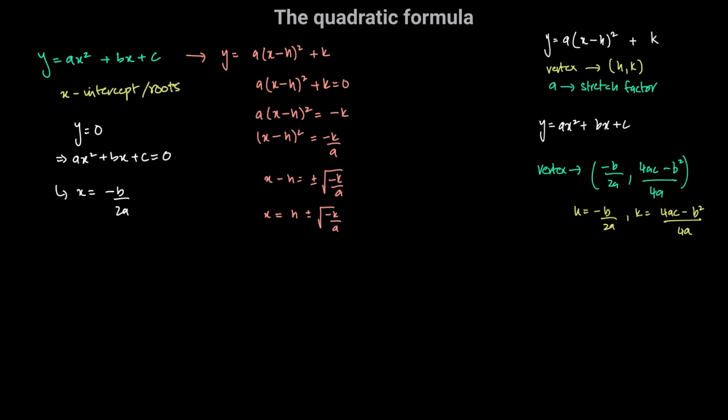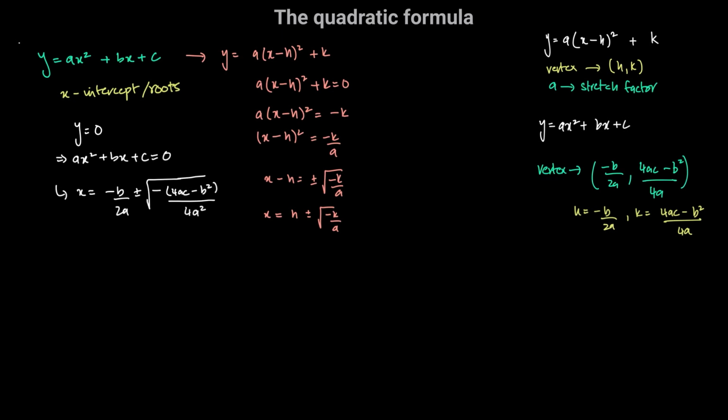So over here we have plus or minus the square root of negative 4ac minus b squared, divided by 4a, divided by a. So that would be divided by 4a squared.